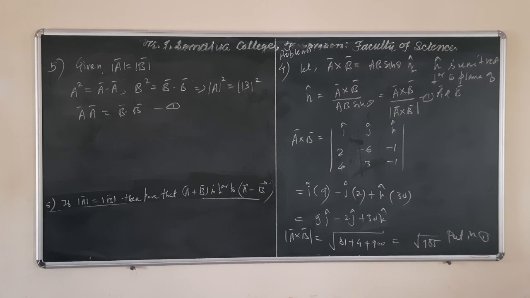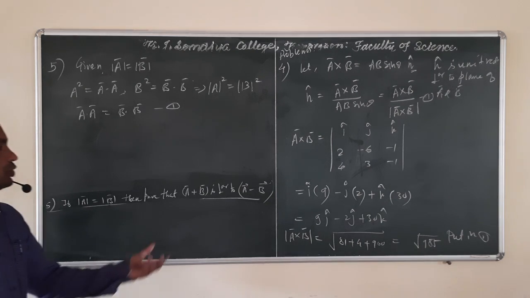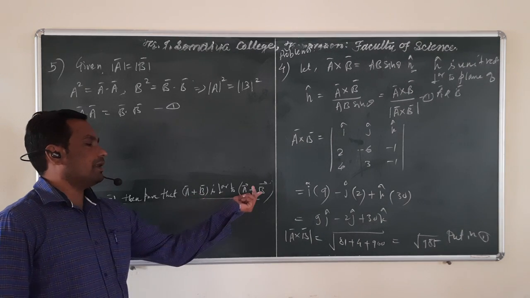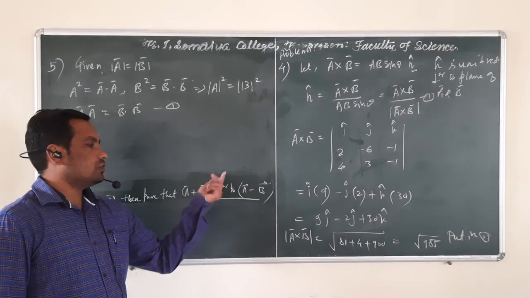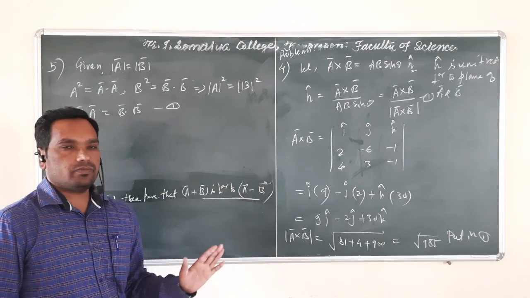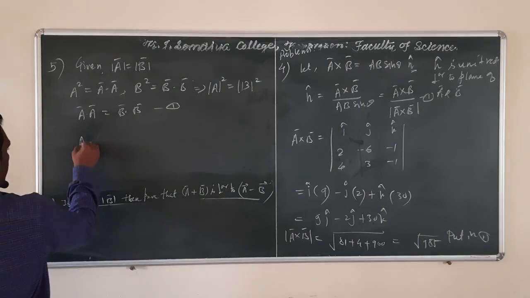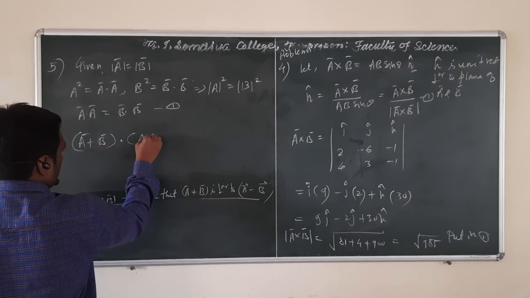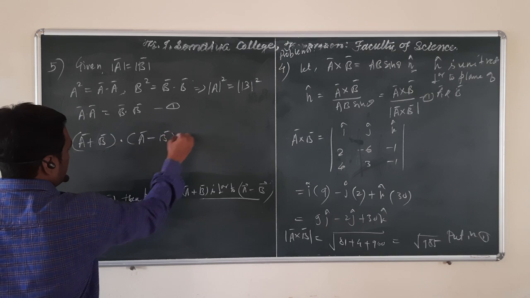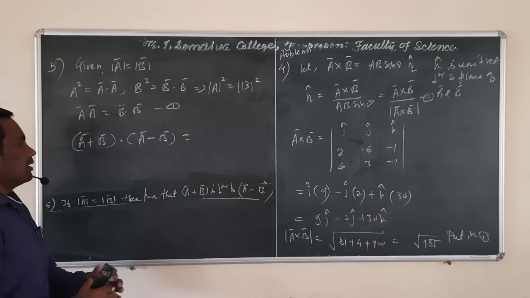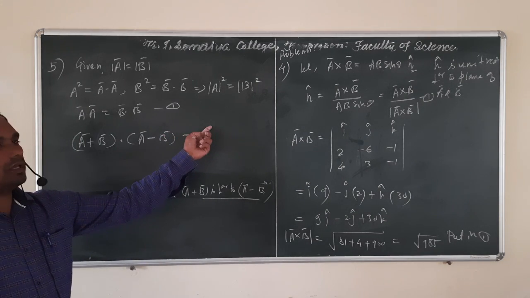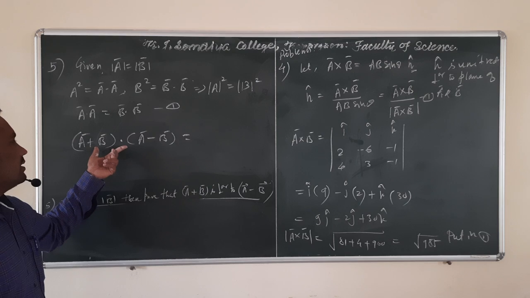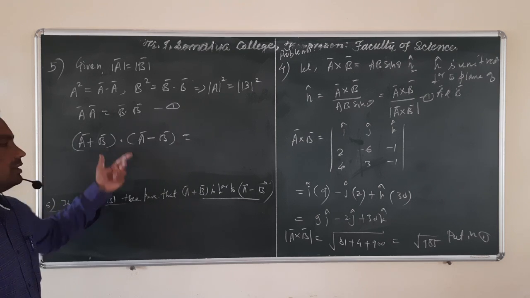Now we have to show vector A plus B is perpendicular to vector A minus B. So their dot product must be 0. So vector A plus B dotted with vector A minus B is equal to, if this dot product is 0, then we can say that these two vectors are perpendicular to each other.